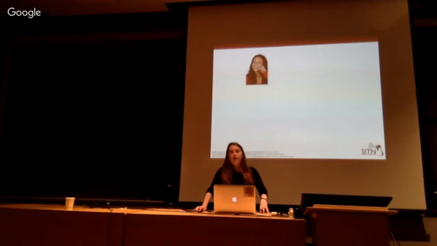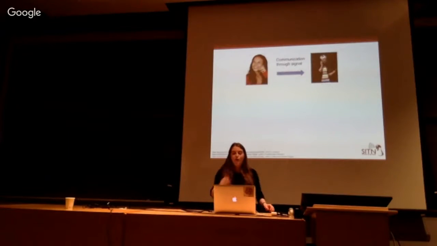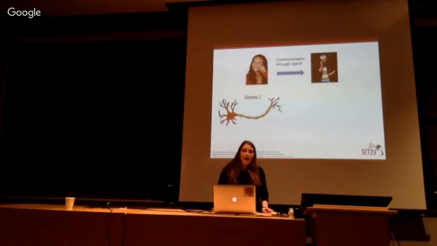So if you are on your cell phone and you want to talk to your friend, you will call their cell phone. And your phones are going to send communication through a signal, right? That's what's happening between these phones that's allowing you to communicate with each other. So in the same way, if we look in the brain and we look at a neuron, which is just a brain cell, that neuron is going to need to talk to other neurons.